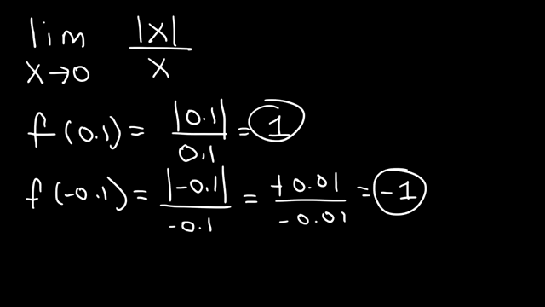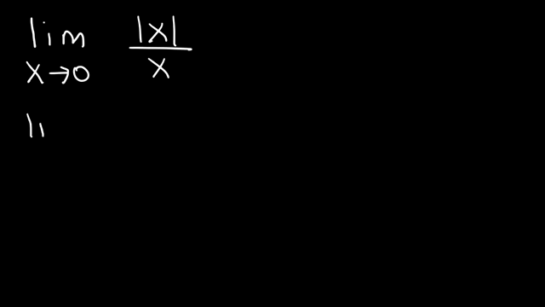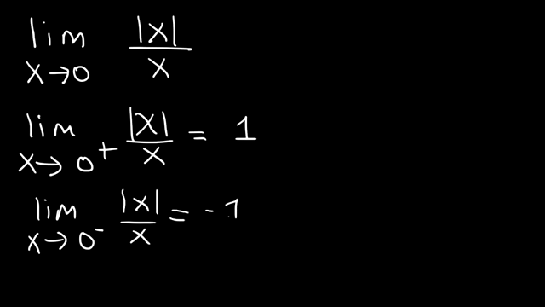So what we can do is we could say that the limit as x approaches 0 from the right side, as represented by positive 0.1, that's going to equal positive 1. And the limit as x approaches 0 from the left side, as represented by negative 0.1, that's a negative 1.